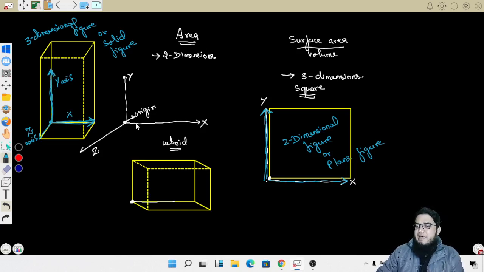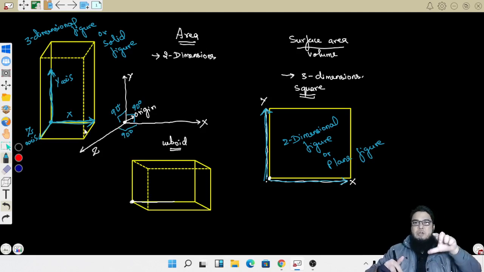And x and y are perpendicular to each other, y and z will be perpendicular to each other, and x and z will be perpendicular to each other. If you're seeing me, for example, if you do like this, this one is x, this one is y, this one is z. Okay, x, y, and z axis. All are perpendicular to each other.